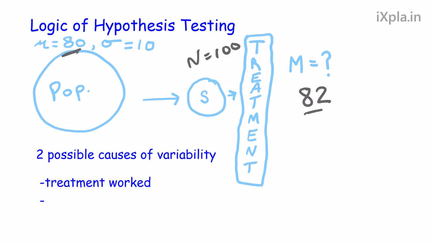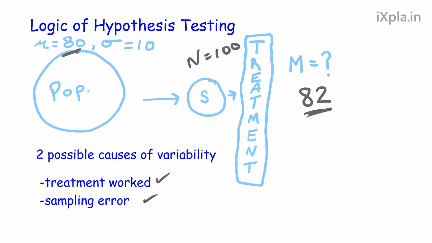The first is that the change between the sample statistic and the population parameter, this increase of 2, is this increase of 2 caused by the treatment working? Or is this difference between 82 and 80 due to sampling error? This is the question that we're trying to answer with the hypothesis test.